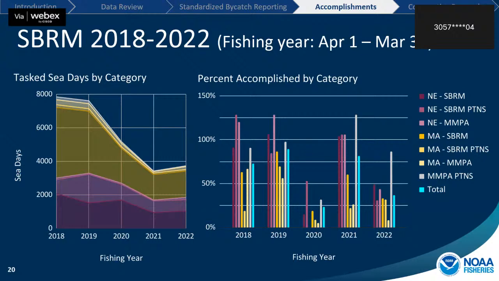And then we also have our protected species days listed there as well. A portion of the MMPA days are also put into the PTNS. So this just demonstrates our percent accomplished in a different way than what I showed in the previous slide. Next slide, please.